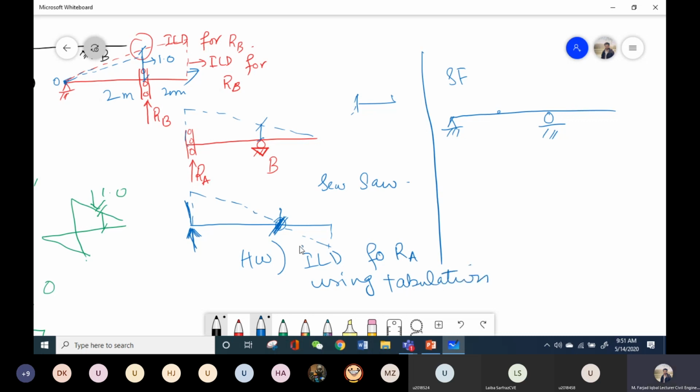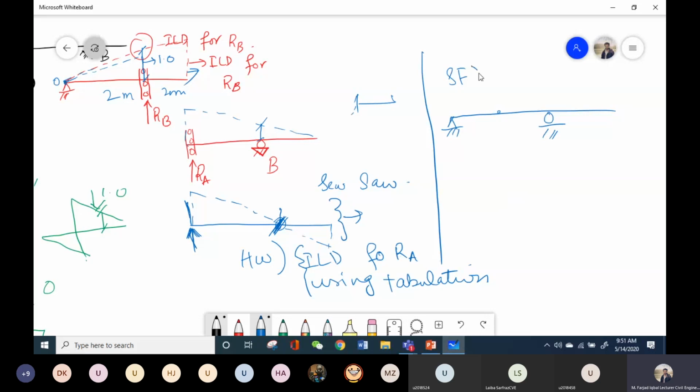After you do this, you will see that you are going to get the same shape as we have got by applying the concept of deflection. So do it by using tabulation. It's not that it's just a concept, it's same as the previous one.